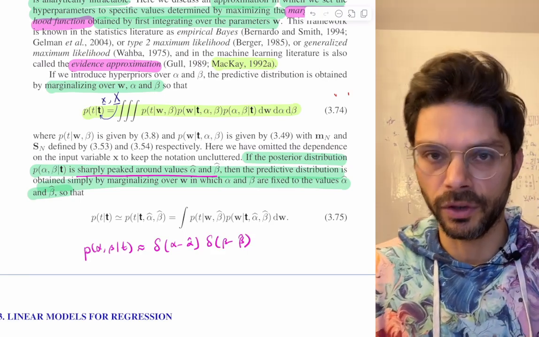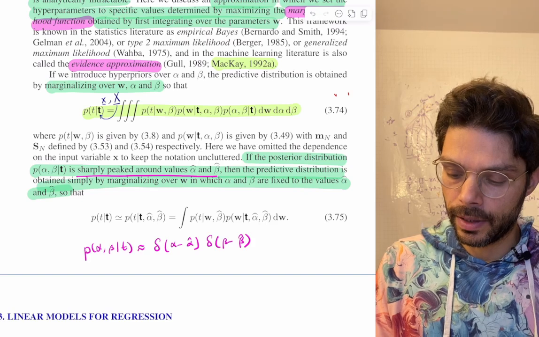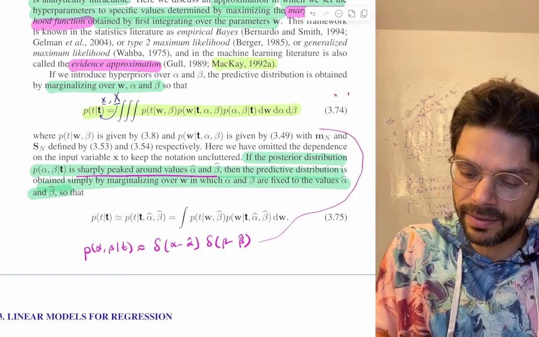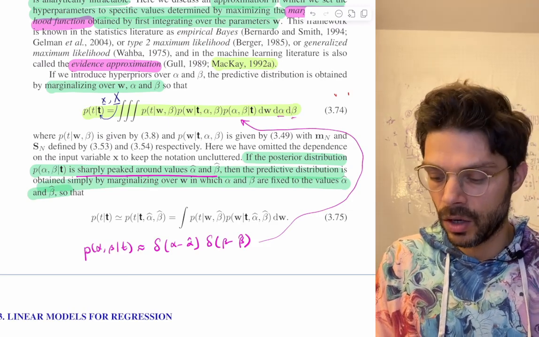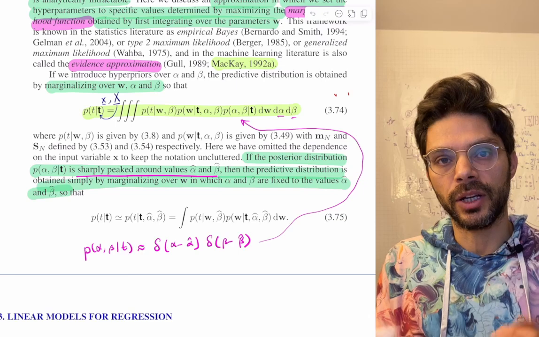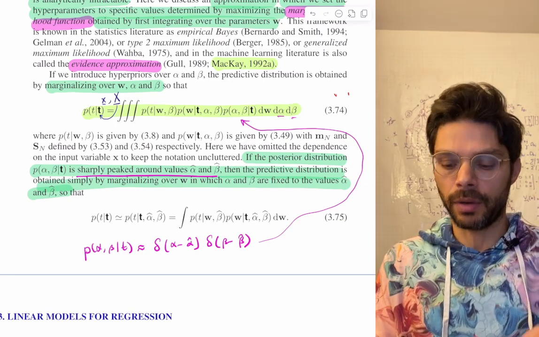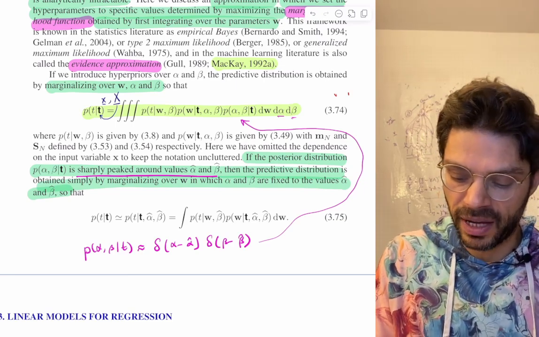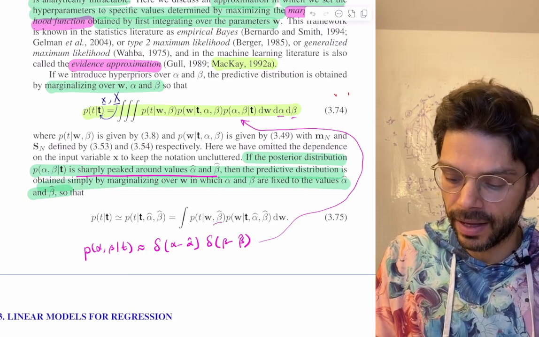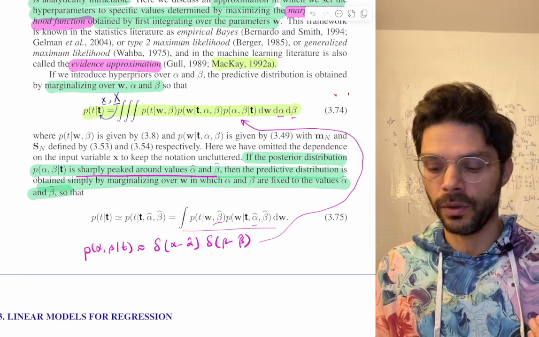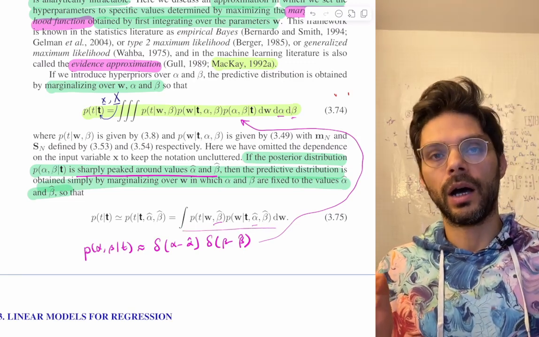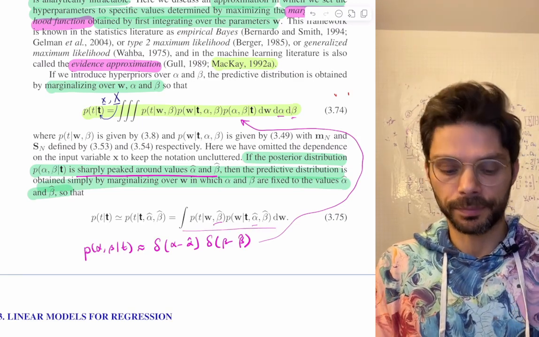So let's say we just knew where those peaks were. If we substituted that in, you can see that the integration over alpha and beta would just pick out, since the delta function has this filtering property, beta hat and alpha hat. And now you've got this integral that you know how to do. So that's the whole idea of this approximation.